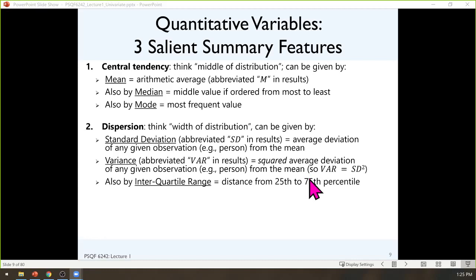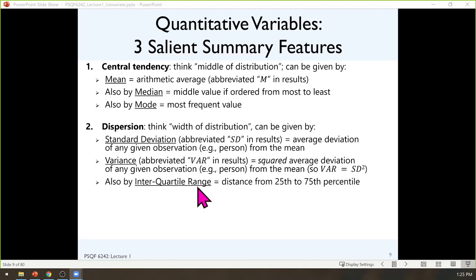The other way to talk about dispersion is something called interquartile range, which is, if you change the data into percentiles, the distance between the 25th percentile and the 75th percentile. And the reason that we have these different ways of thinking about dispersion has to do with whether the grouping of the data is symmetric around the middle or whether it's lopsided.